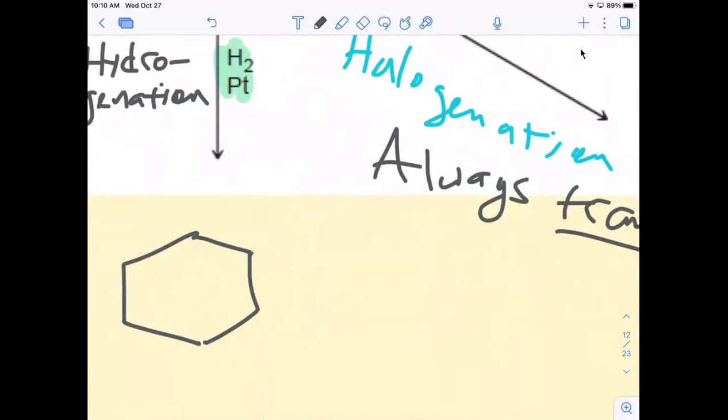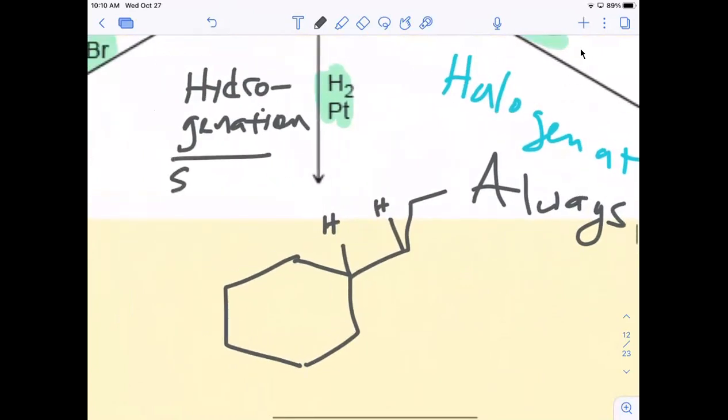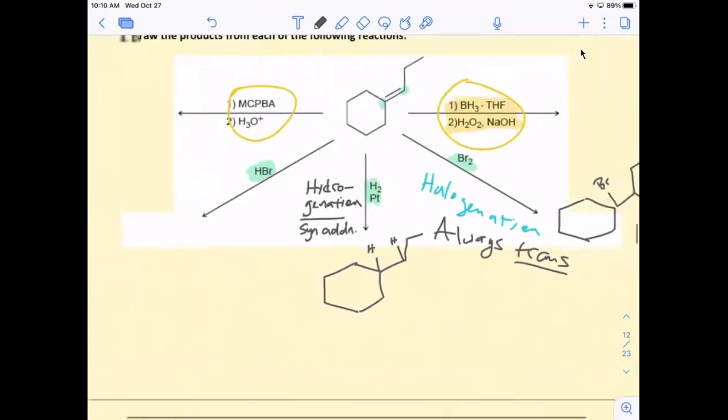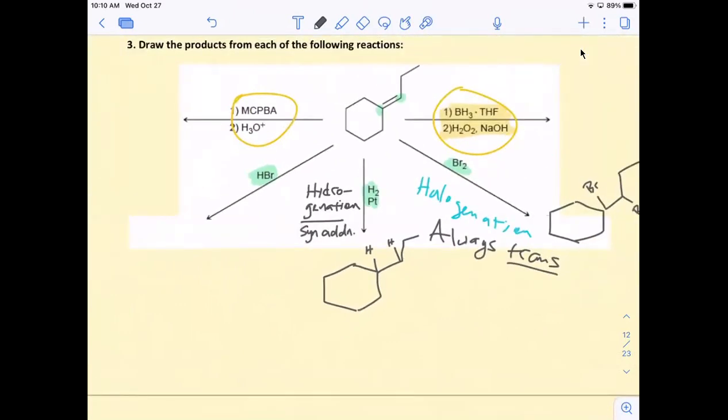I hate to use that word, but it's going to react. We're going to add a hydrogen to both sides, and it's syn addition. Any questions about that? We looked at that on Monday, and some of these reactions should start clicking. The wheel should be turning when you see the reagents.